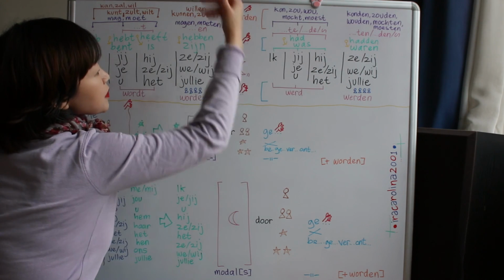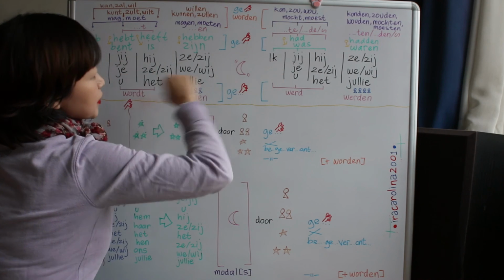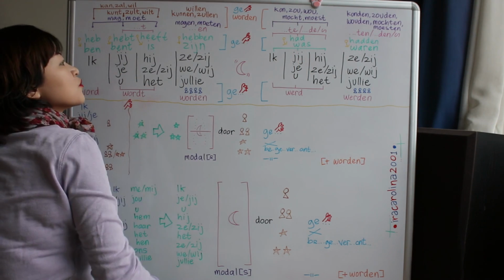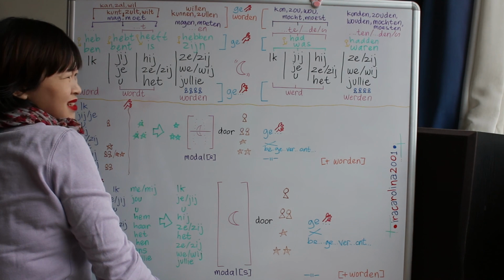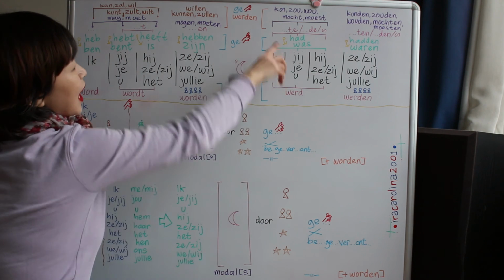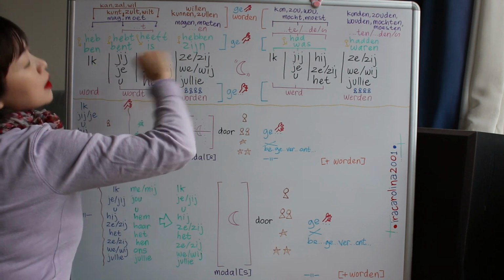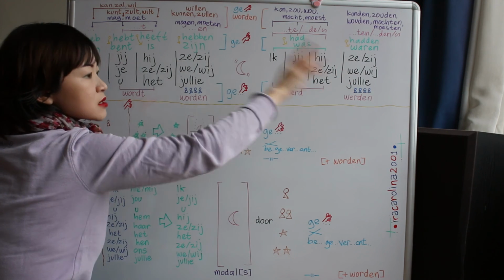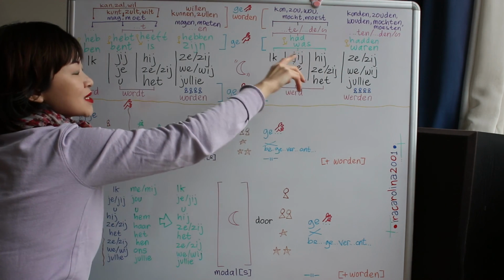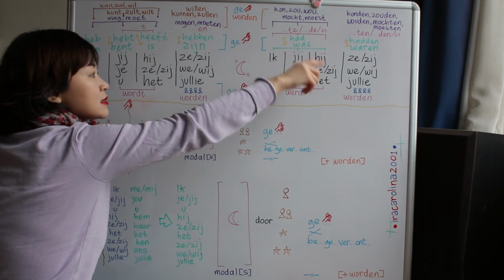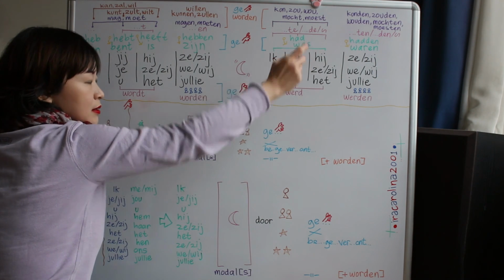For one, we have had or was: I was, had, was. And for they, we, and you guys, more than one: ze, zij, we, wij, jullie, we have hadden, we have waren.